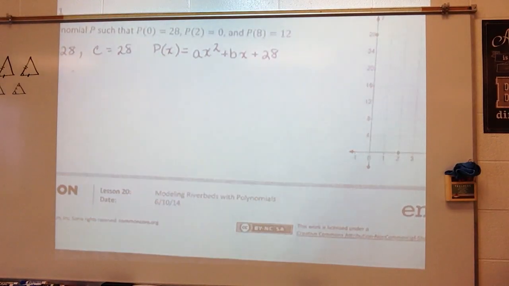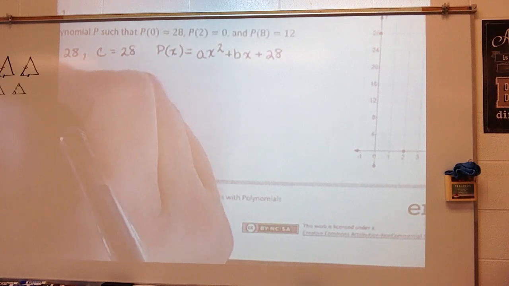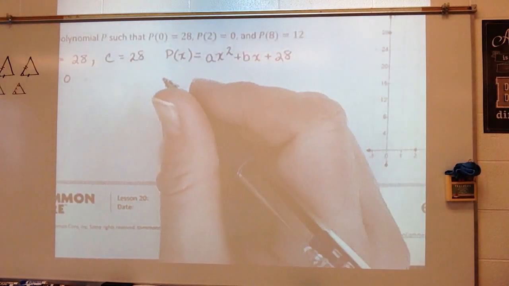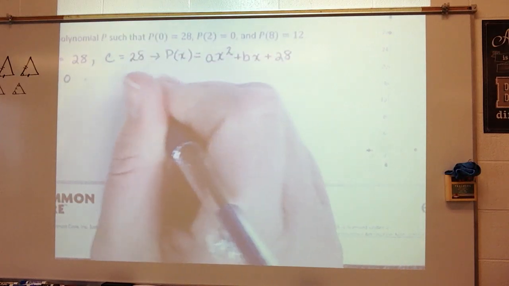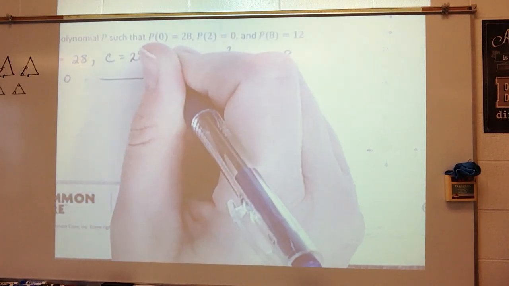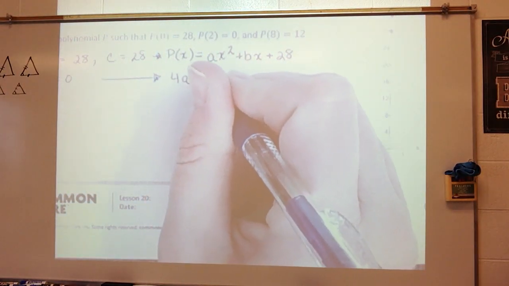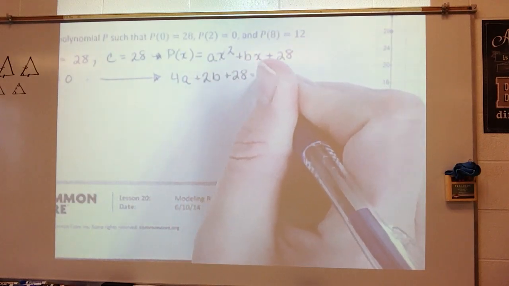So I know that p of 2 gives me 0. What can I do here? Well, I can plug that in. Since p of 2 is 0, that's going to give me, let me draw these arrows here so we can keep track of what's going on, 4a plus 2b plus 28 is equal to 0.